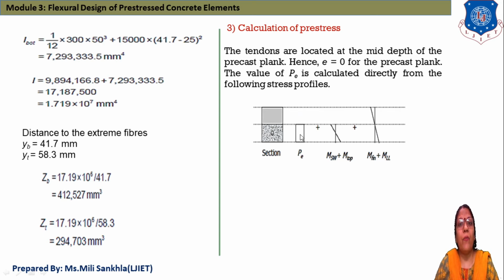This is for effective pre-stress, and this one is for the moment due to self-weight, then floor finish moment, live load moment, and topping slab moment. Self-weight, topping slab, floor finish, and live load: four moments, giving the resultant stress diagram for four moments.